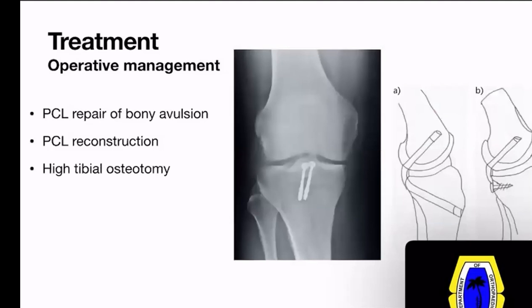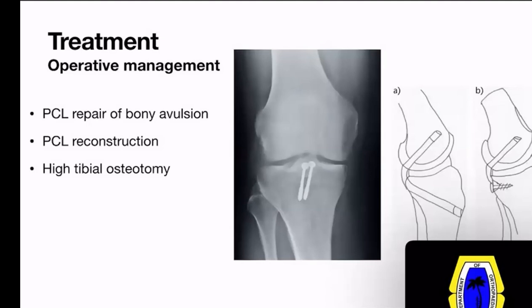PCL, no? Pero if multiligamentous, so what's the difference pala between knee dislocation and multiligamentous knee injury? If you have multiligamentous, you have any combination, ACL plus, no? At least 2. You call it multiligamentous.